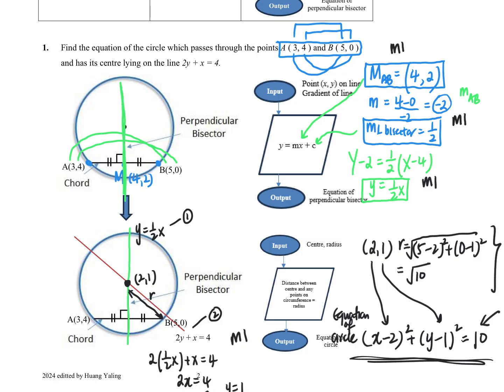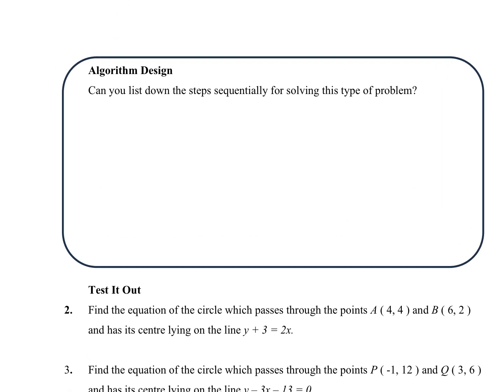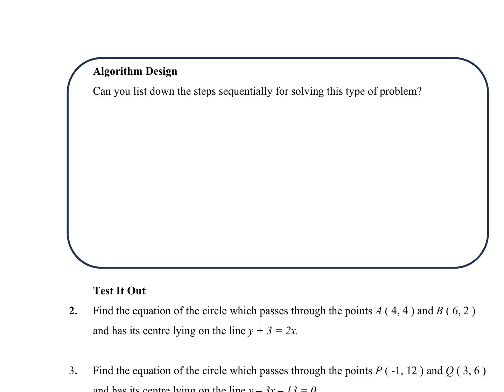So that's the flow chart happening in your mind. You are better than a computer, technically. So what are the steps that went through your mind if your purpose is to find the equation of the circle?